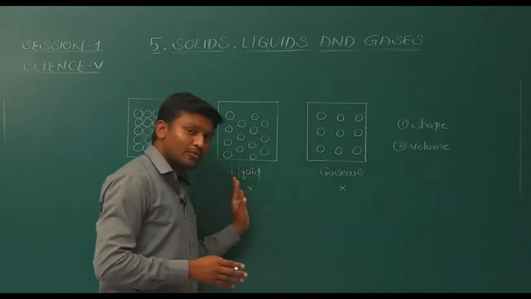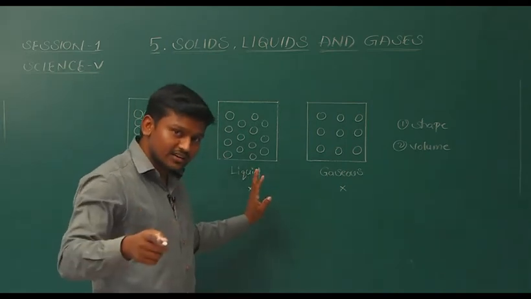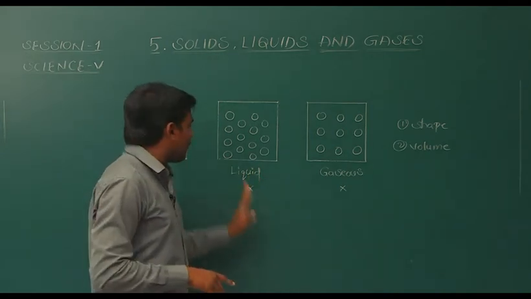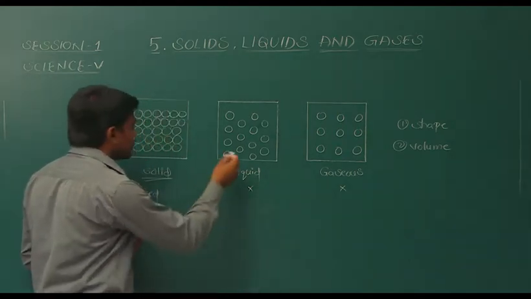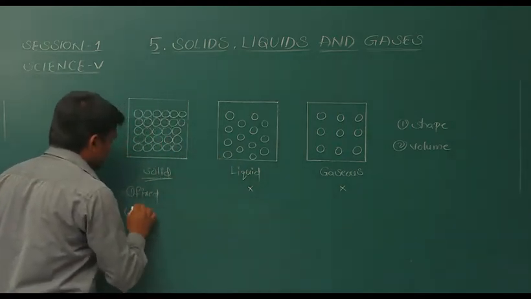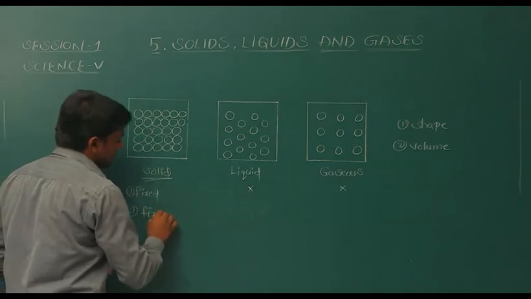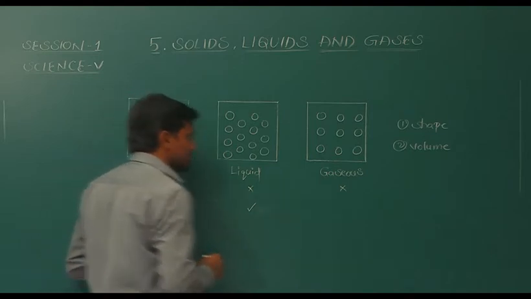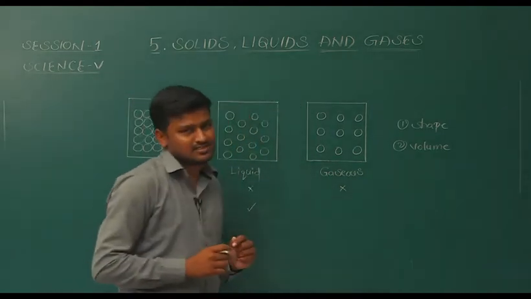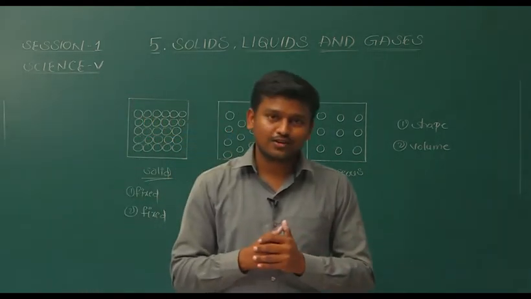If the volume of liquid is constant in different containers, then we can say volume of liquid is fixed. So, solids have fixed volume and liquids have fixed volume, but gases do not have any fixed volume.